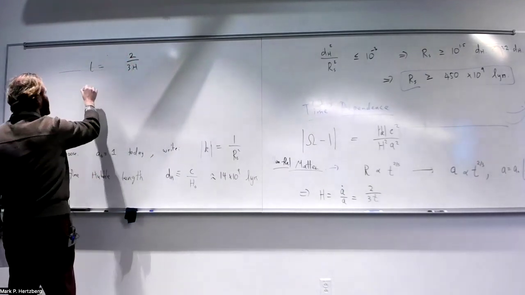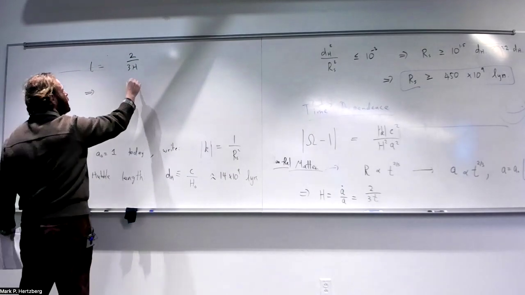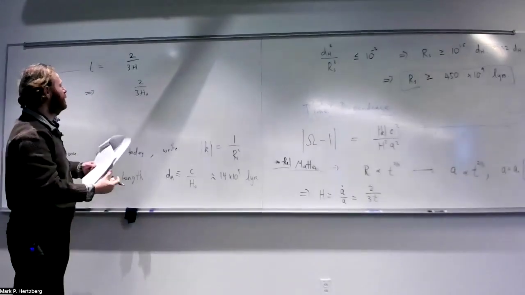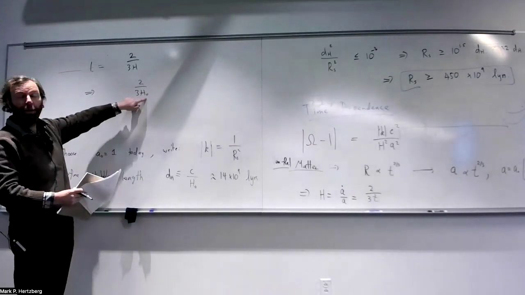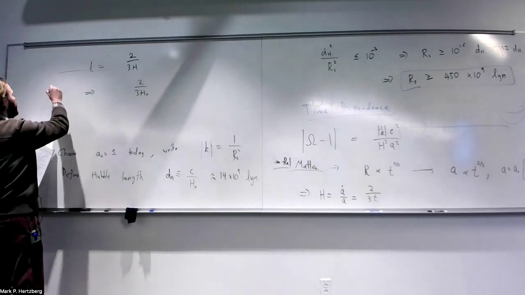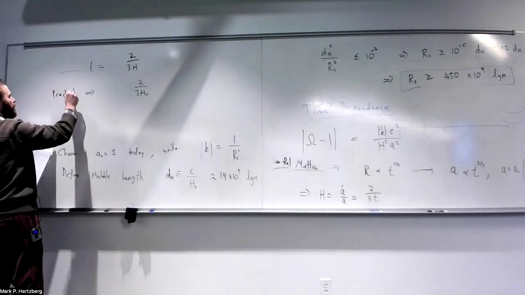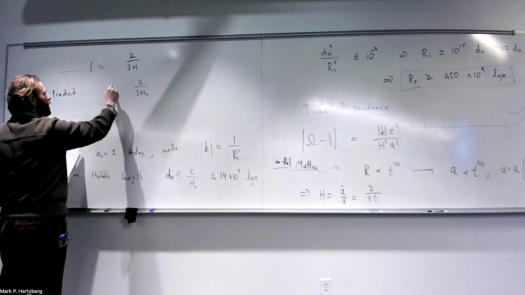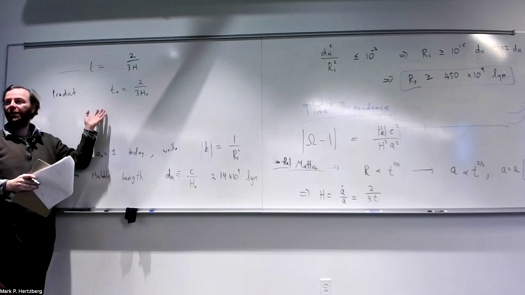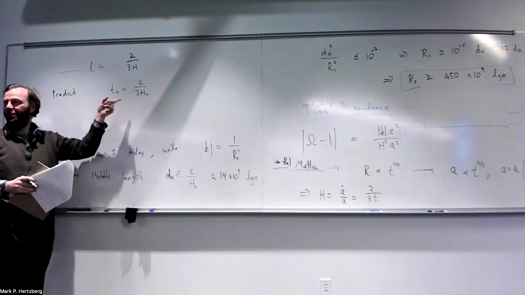So therefore 2 over 3H naught, where the naught means the current value of H, would be the prediction for the age of the universe, t naught equals this. See, we can predict it.